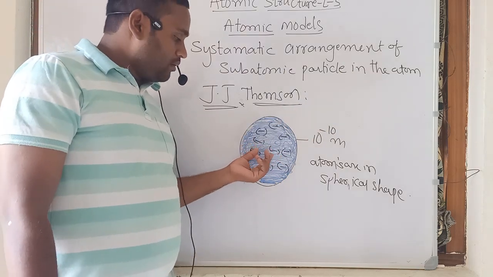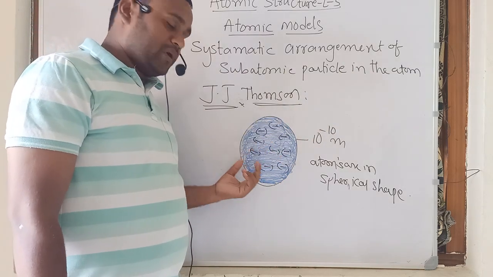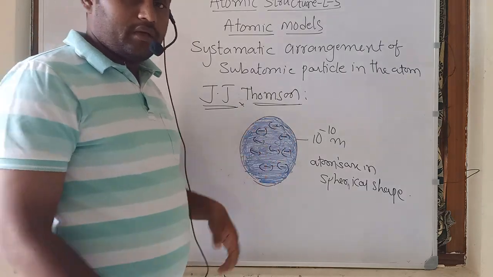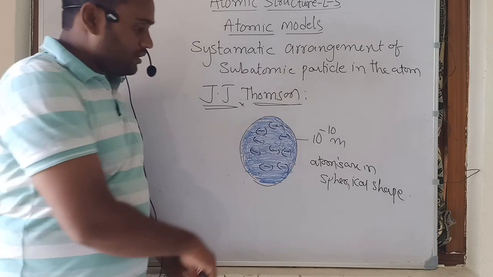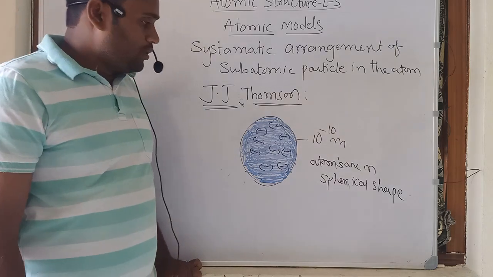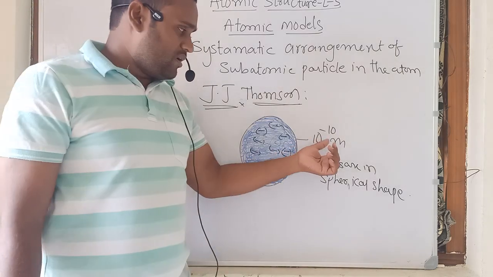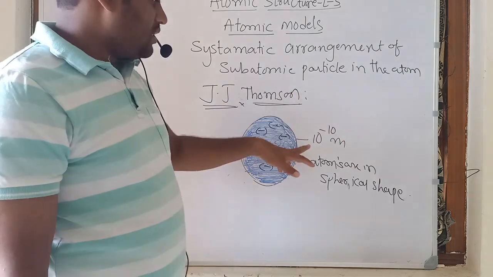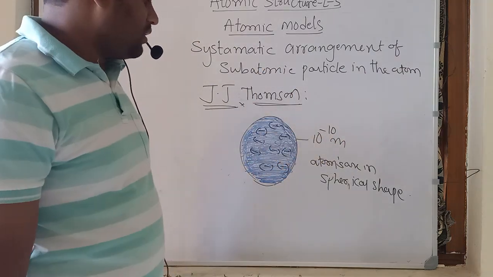Here you can observe the blue color spread throughout this atom, and the electrons are embedded inside the atom more or less uniformly. The size of the atom is 10 to the power of minus 10 meters.